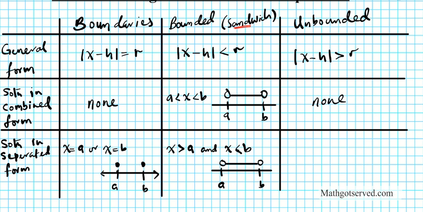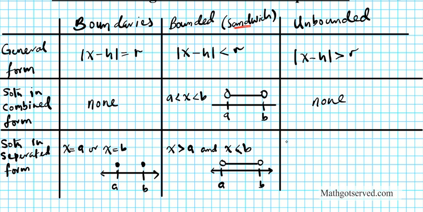Alright, when we go to the absolute value unbounded regions, it's a little bit more extensive. You have four possible cases or four separated formulations that you can use here to write down this equation, okay? All right, so let's go ahead and do it.